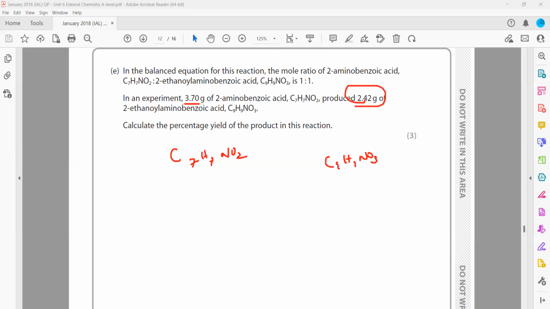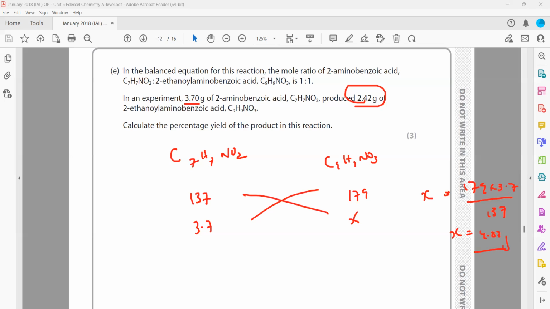The total mass of this one is 137 and the total mass of this one is 179. So if you have 3.7, this will be X. Cross multiply, so X is equal to 179 multiplied by 3.7 divided by 137. This will give us how much mass we should get. We should get about 4.83 grams.